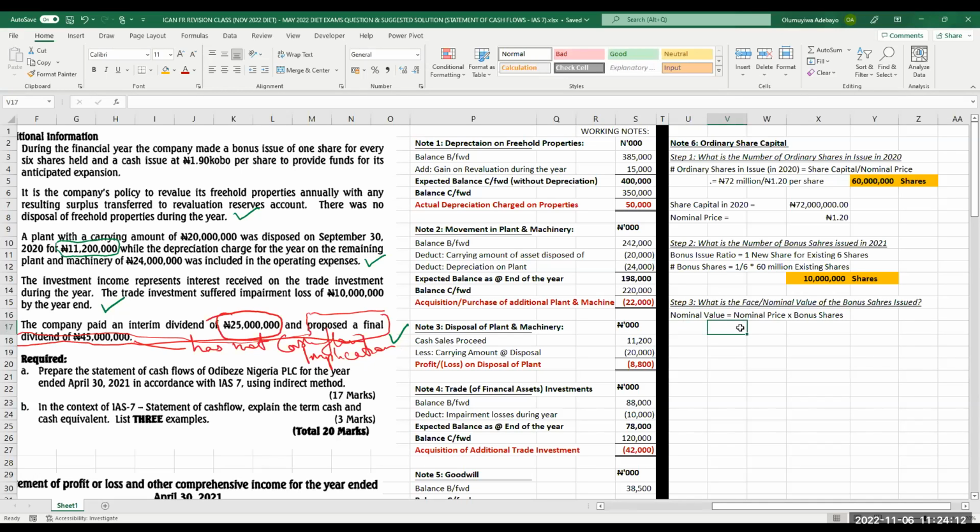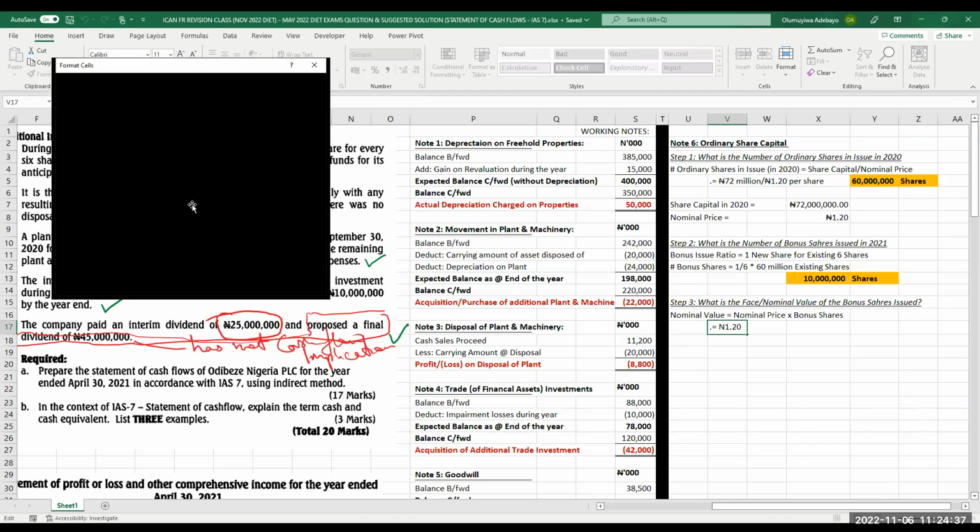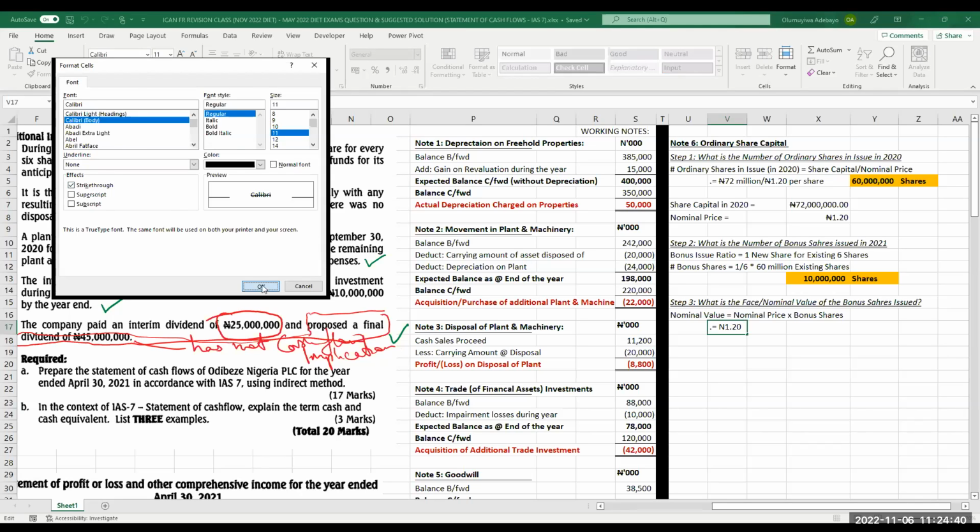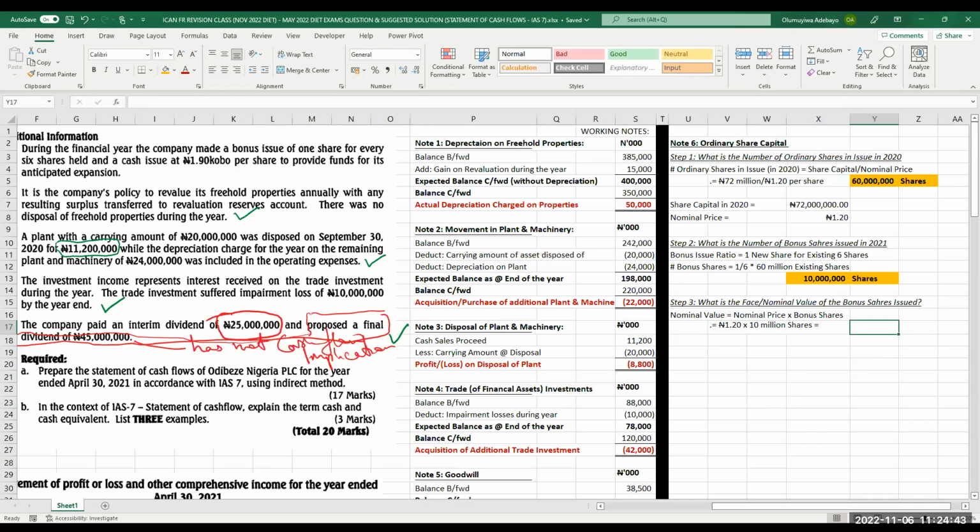And what is that? Naira 1 20 kobo times 10 million shares. That gives you how much? That gives us 1 naira 20 kobo times 10 million shares will give us this amount.